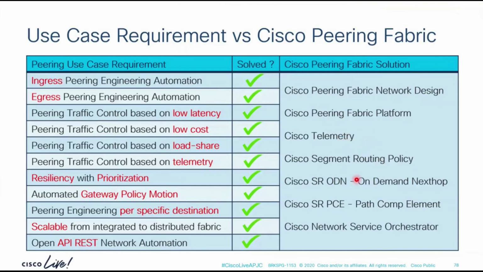Segment routing is the key factor here. You can see it's very flexible, very granular, and very simple to configure, as well as ODN, on-demand next hop, and path computation element, and of course, our main automation software, NSO, Network Service Orchestrator. So it is the peering fabric design.